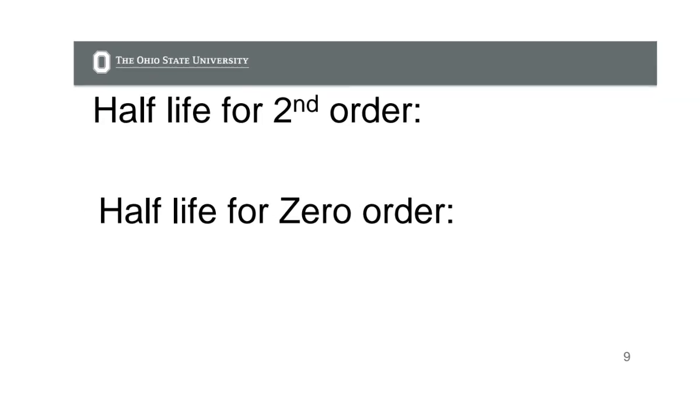We're not going to go through deriving second order and zero order, but for second order, we would end up with T1/2 equals 1 over the rate constant k times the initial concentration. I think these are also given on the exam, right?